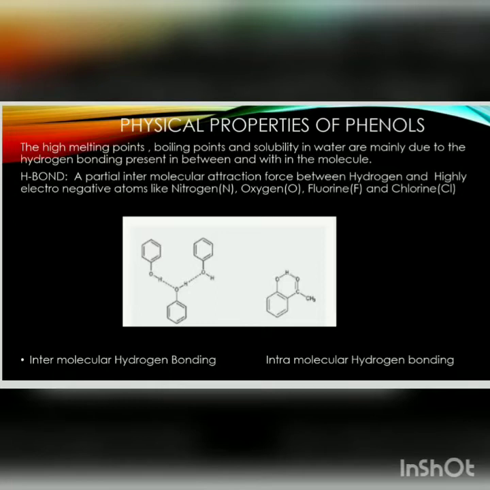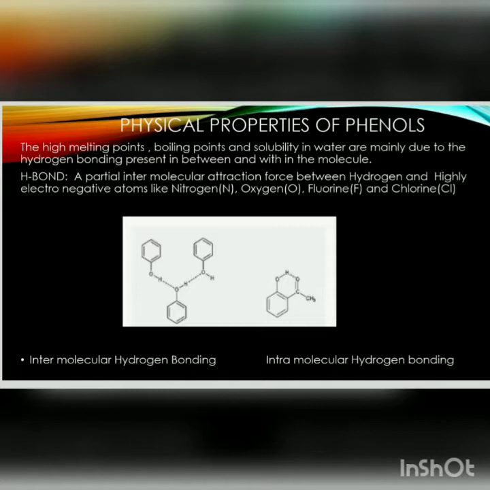In the last class we learned about hydrogen bonding. We know hydrogen bonding is of two types, intermolecular hydrogen bonding and intramolecular hydrogen bonding. What is intermolecular hydrogen bonding? Intermolecular hydrogen bonding is between two various molecules, like two phenols or one phenol and one water molecule.